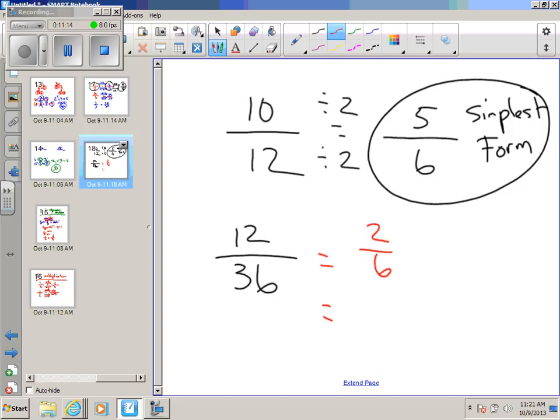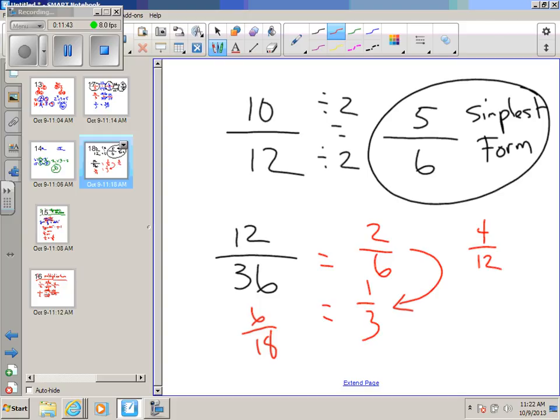What else? Yeah. 1/3 works. What else works? Mariah? That would eventually break down to that, yes. Carlos? Sure. 6/18 would work. Liam? 4/12.